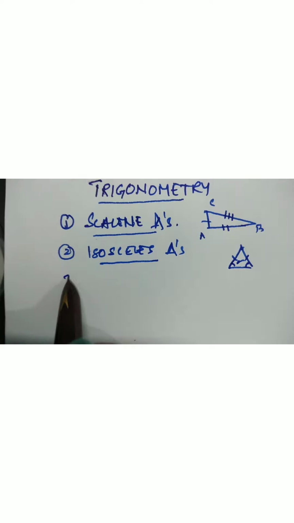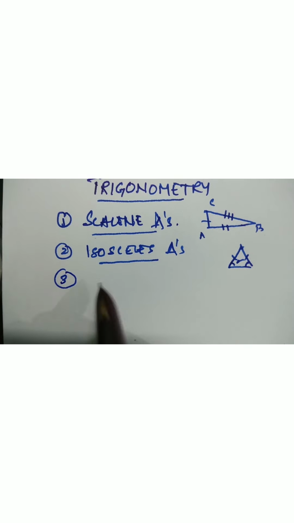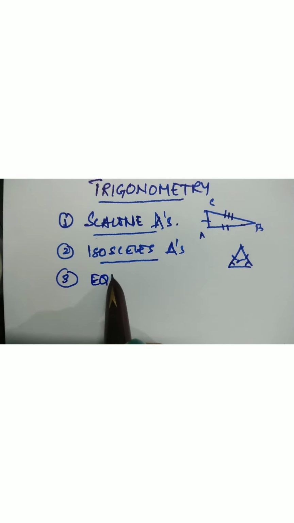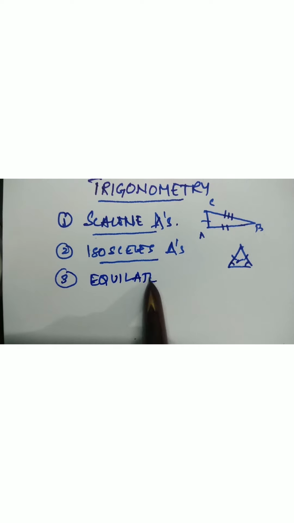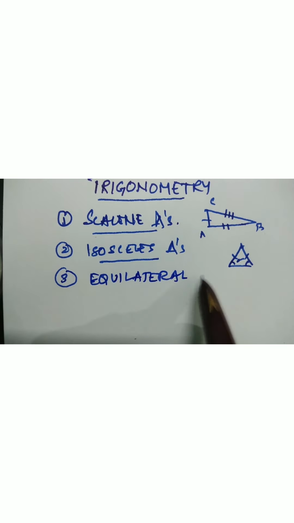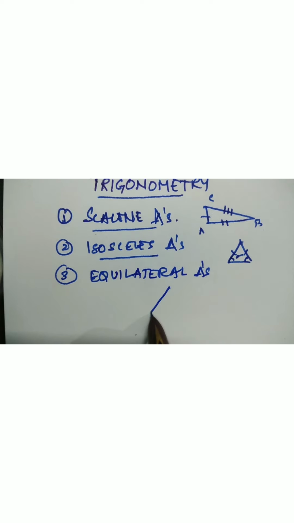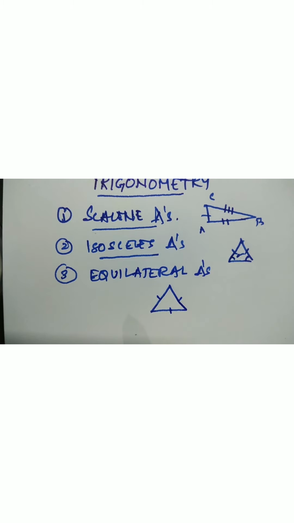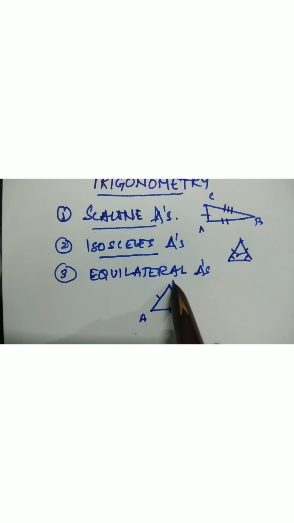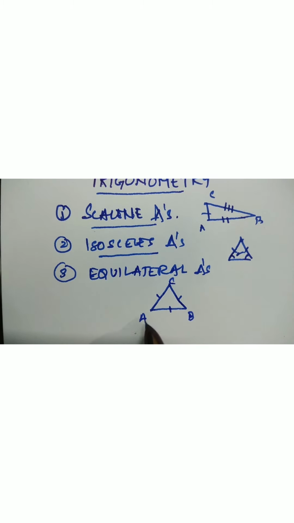And we can have the third type, which we call equilateral triangles. Equilateral triangles means all the three sides are of equal measure. That means the length AB is equal to BC is equal to CA.